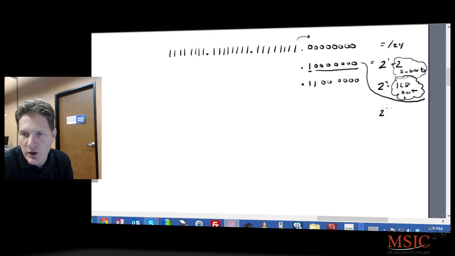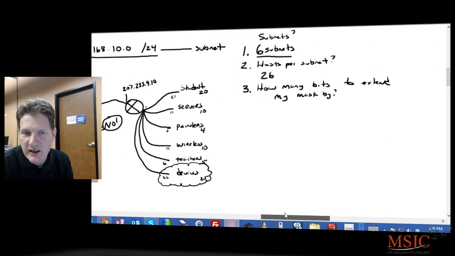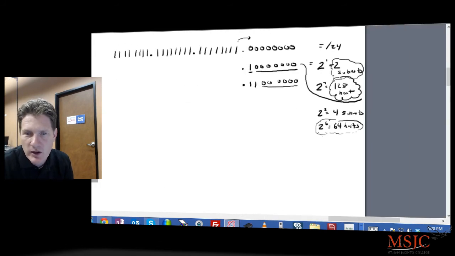So 2 to the power of 2 would be 4, which would be 4 subnets. And how many host bits do I have? I have 6. 2 to the power of 6 is 64 hosts. Well, I have enough hosts, right? But do I have enough subnets? No, because I need 6. That ain't going to work.